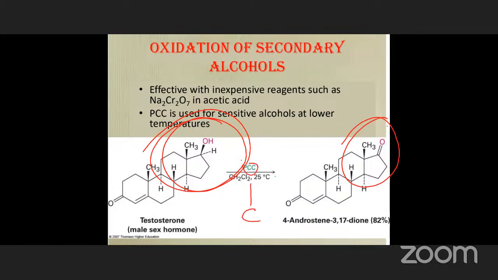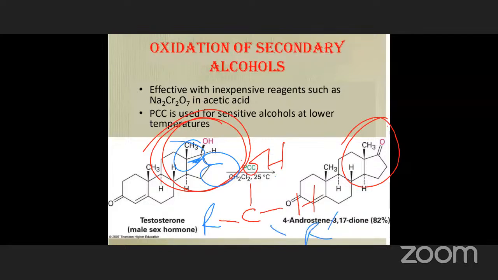One bond has OH, the other bond has H, and the other two bonds, assume those are R and R prime.